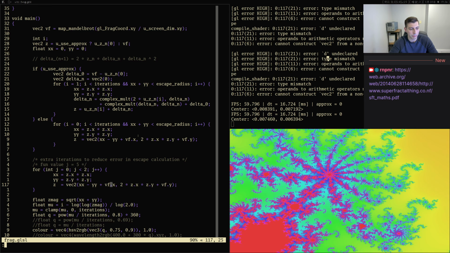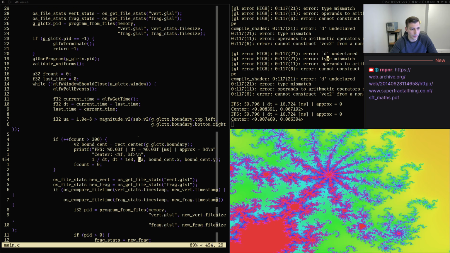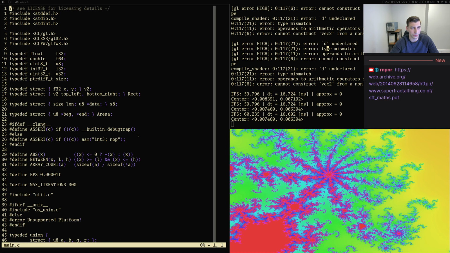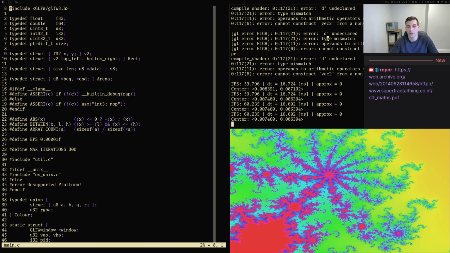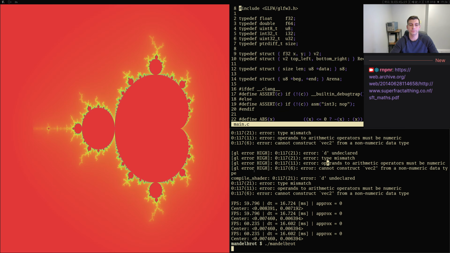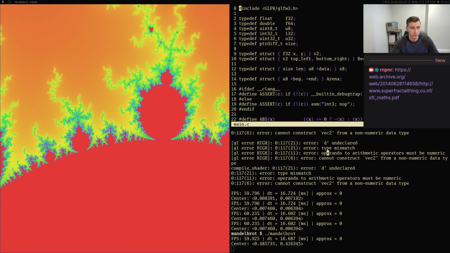So if we go back to main now, and we go to UA, I don't need to rebuild it, and then we can close it and respawn it, and we can zoom in.